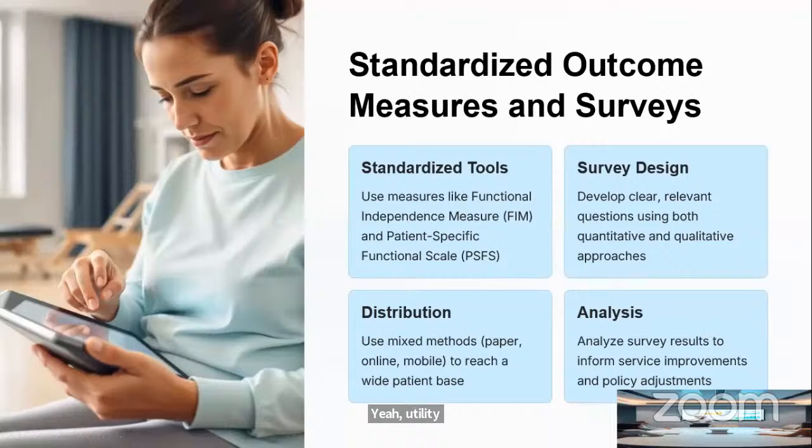For instance, one of the common tools is the FIM, Functional Independence Measure, or the PSFS, Patient Specific Functional Scale. These are some of the standardized tools that can be used so that we can assess our service outcome.